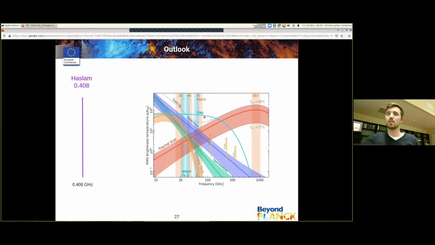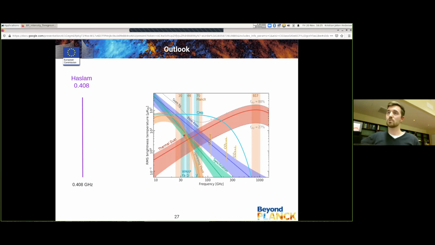But then we're just left with these 6 bands here that cover a really short frequency range, and we're trying to constrain all the other components here, and it shows that we are extremely susceptible to degeneracies, and it's not possible to constrain them well.